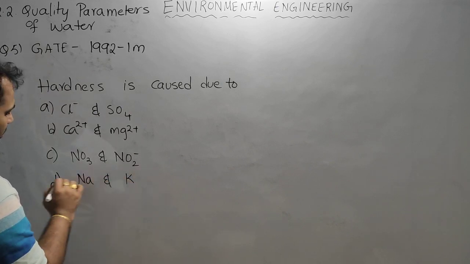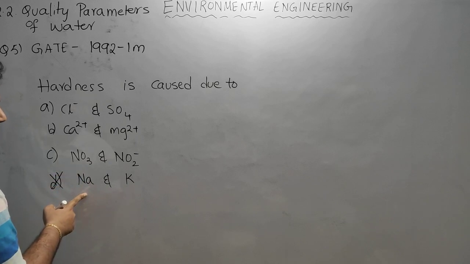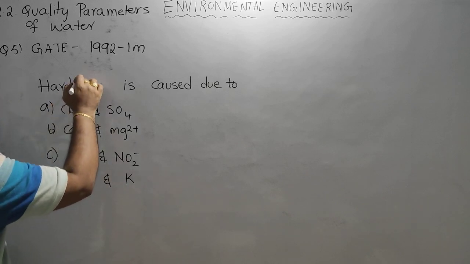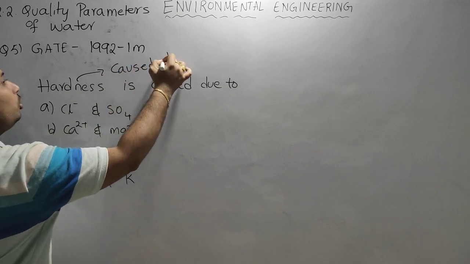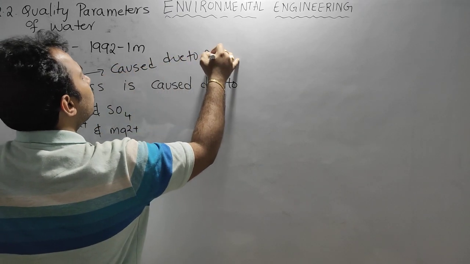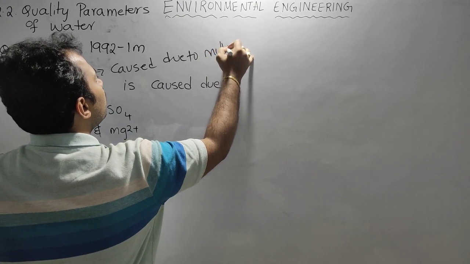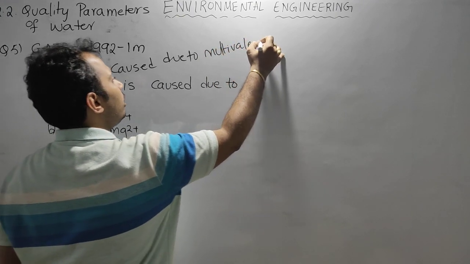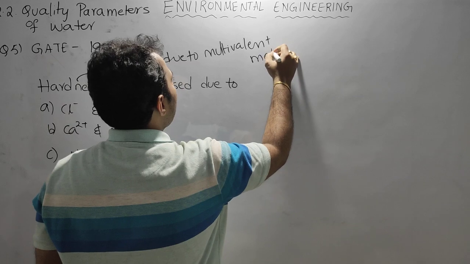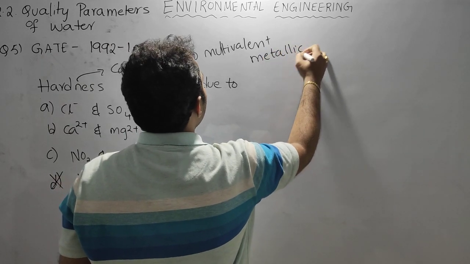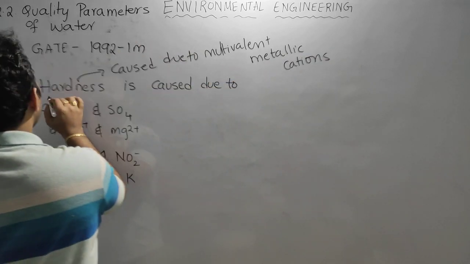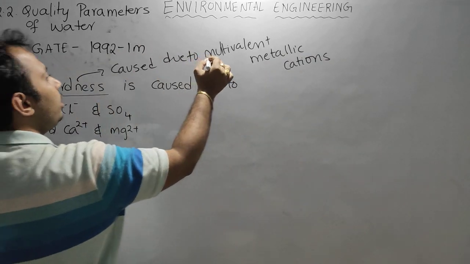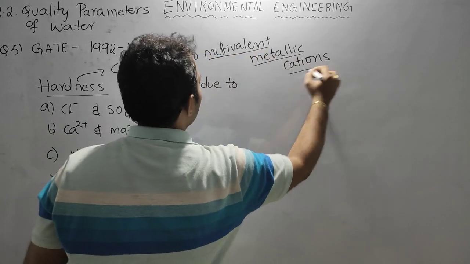Obviously sodium and potassium are not multivalent metallic cations. So hardness is caused due to multivalent metallic cations.